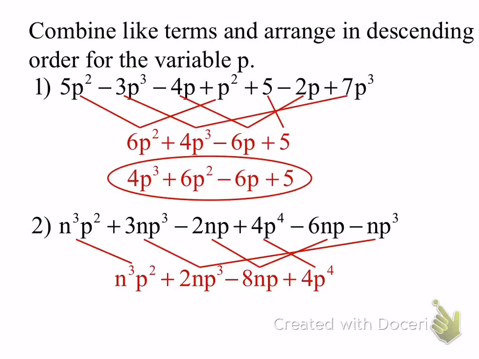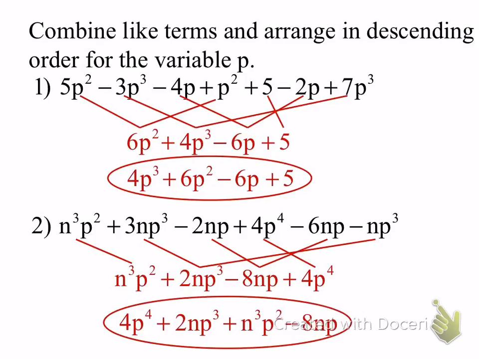So the biggest p is this one. That would be written first. This next smaller one is this. And then we've got p to the second, and then we have p to the first. Okay? They would have to tell you what variable it should be.